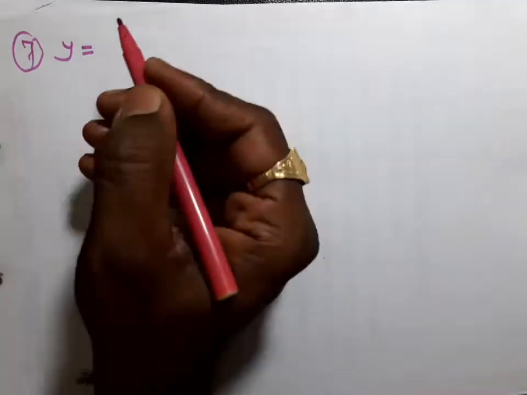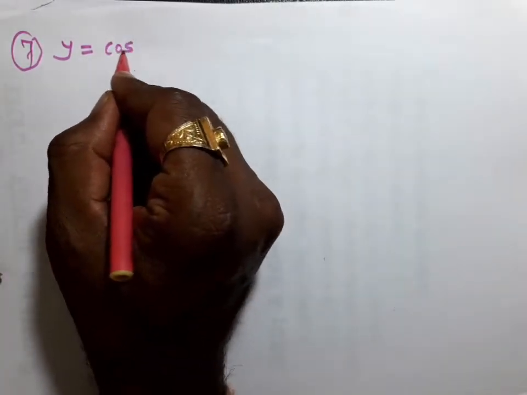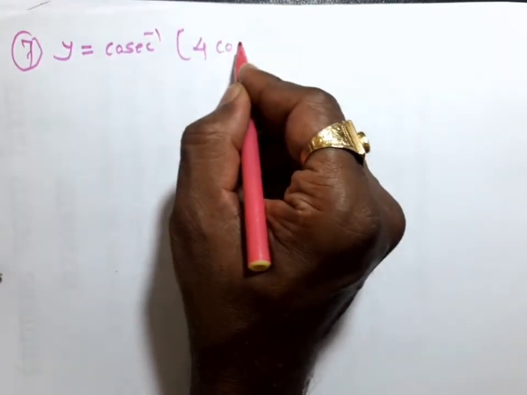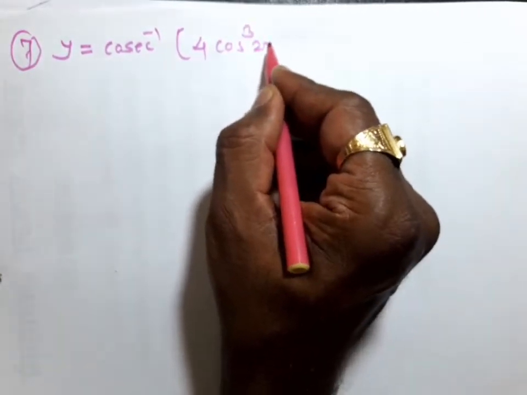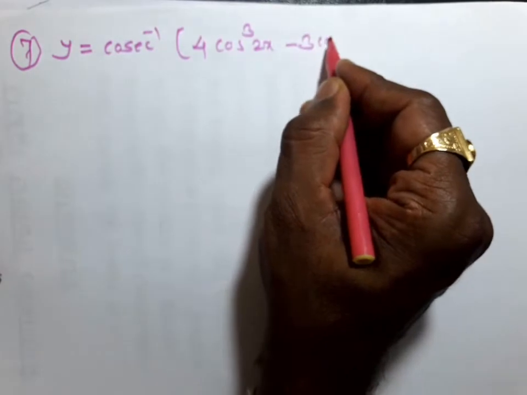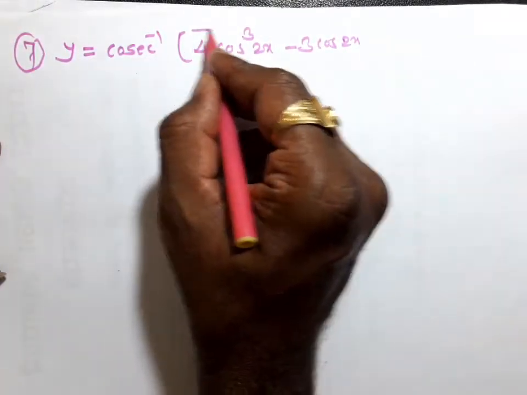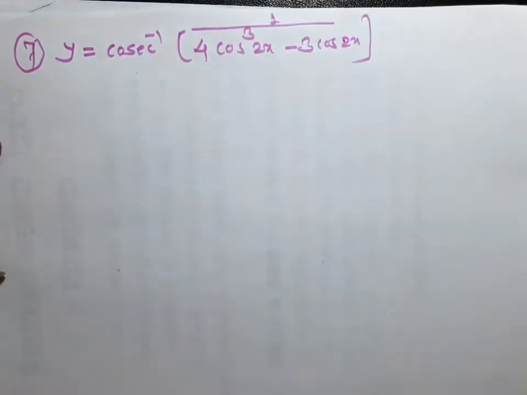Next example. Example number 7. y is equal to cosec inverse of 1 upon (4 cos cube 2x minus 3 cos 2x).